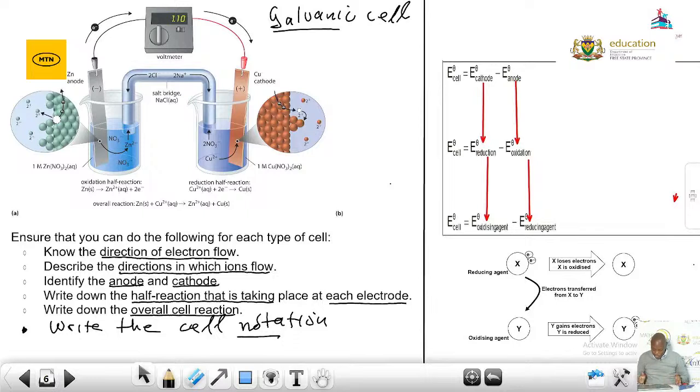So to avoid the confusion, here is a cheat sheet to say when I look into the equation that is given to me, E naught equals E cathode minus E anode, definitely I can use that in order to inform me in terms of the anode, oxidation, reducing agent, cathode, reduction, and now oxidizing agent.